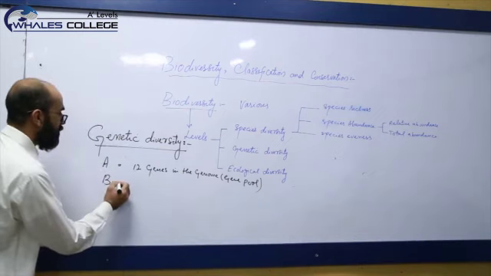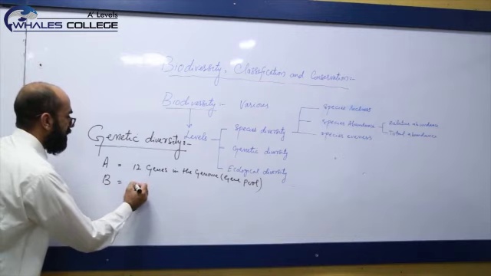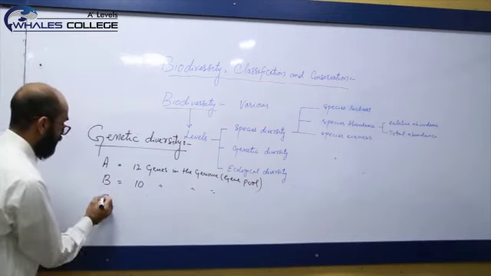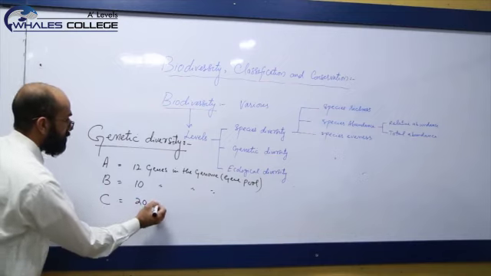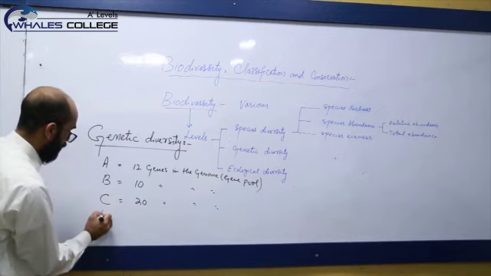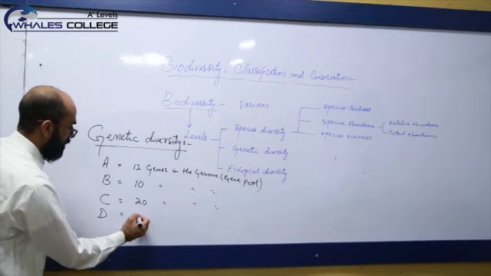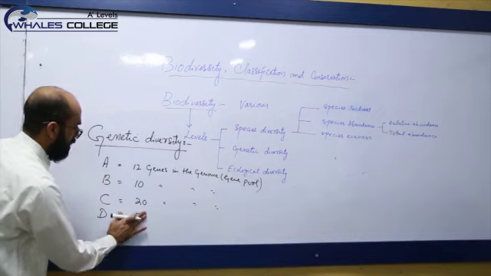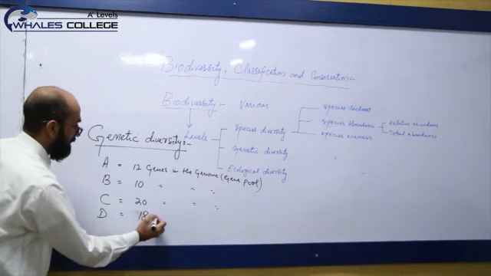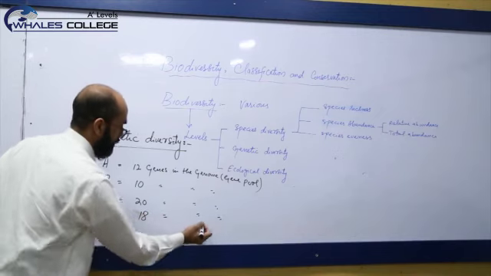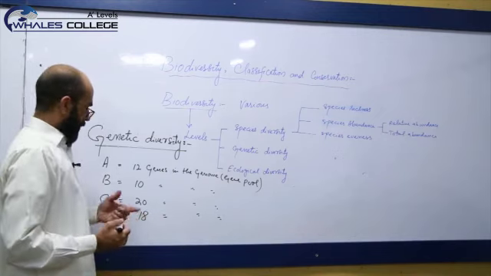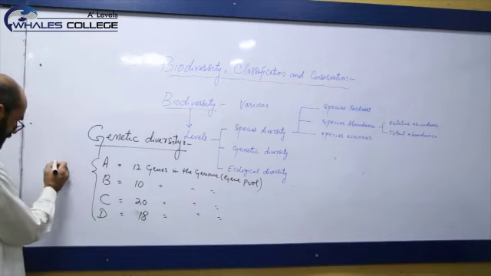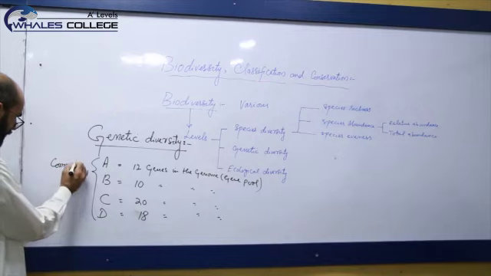Similarly, we have species B, which has, let's suppose, 10 genes in the genome. Species C has 20 genes, and species D has 18 genes in the genome. Now, this is community 1.